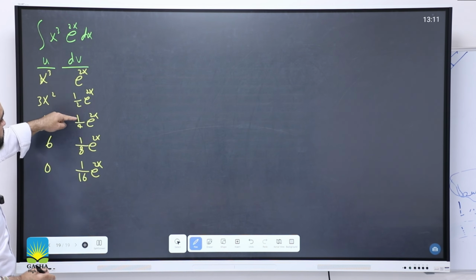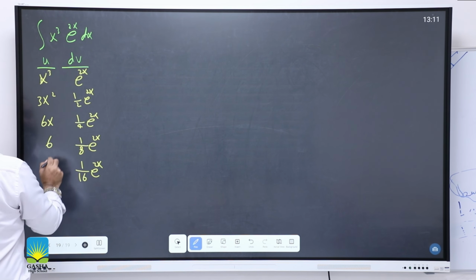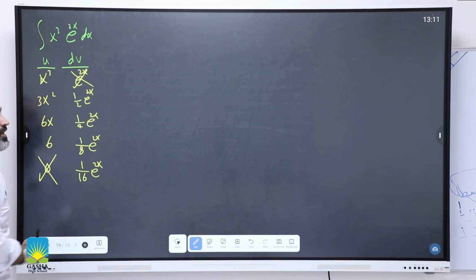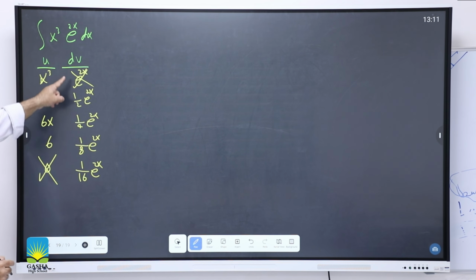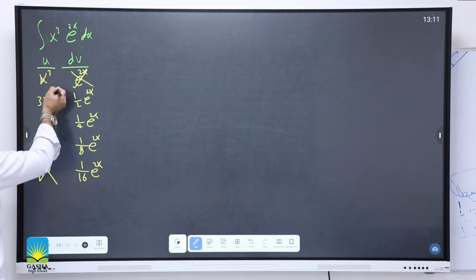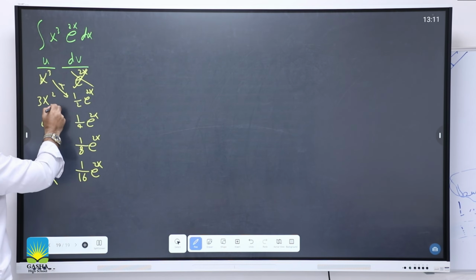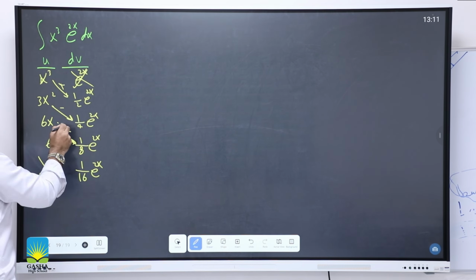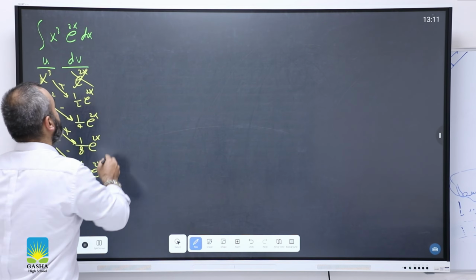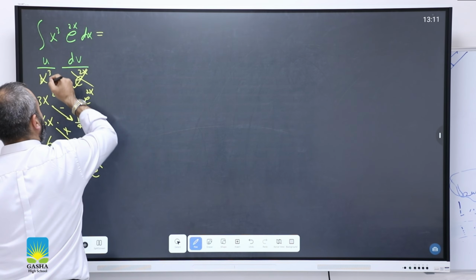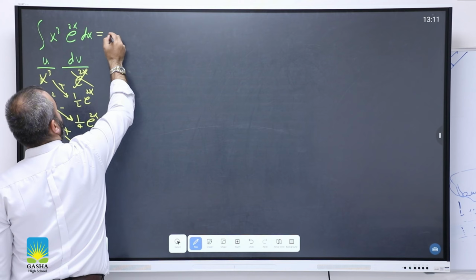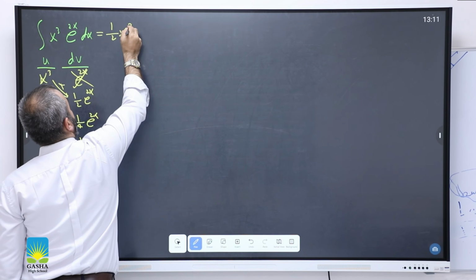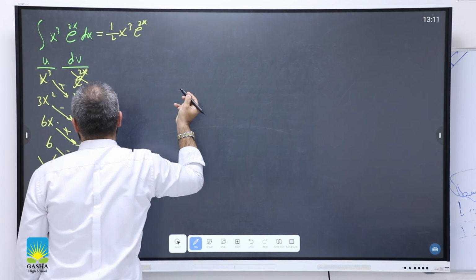This is 1 over 2, 1 over 4, 1 over 8, 1 over 16, and we cancel 0 here and the first term of the dv. So we times positive and negative, positive and negative, so equal to x to the power of 3 times 1 over 2, 1 over 2 x to the power of 3 e to the power 2x.